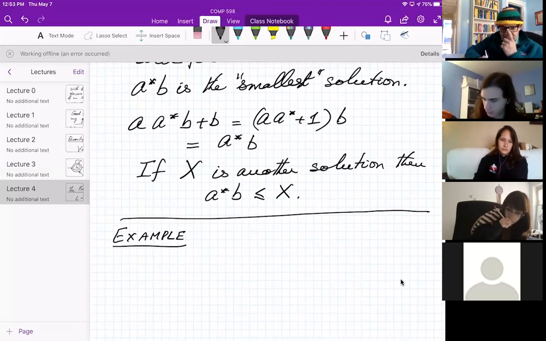Okay, so example. In fact, this is a meta example.